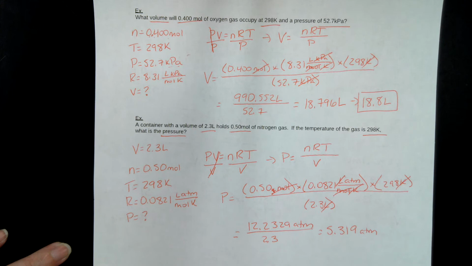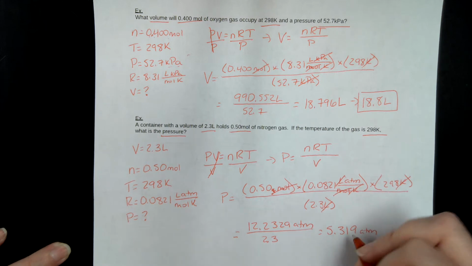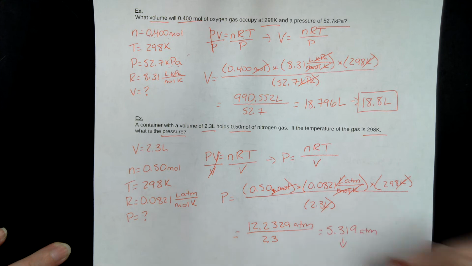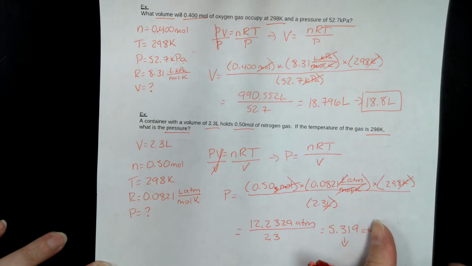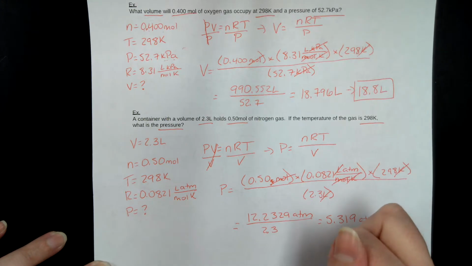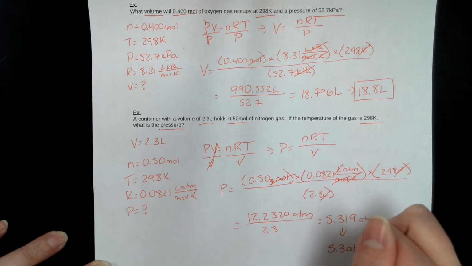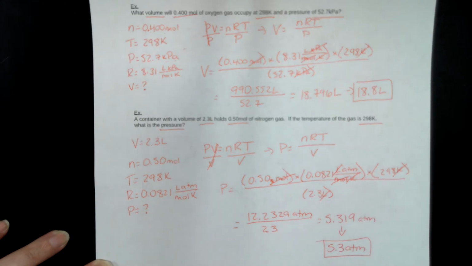So when in doubt, choose the smaller number of sig figs. That is the rule for multiplying and dividing. So 2 is less than 3, so our answer should be rounded to 2 sig figs, which gives us a final answer of 5.3 ATMs.